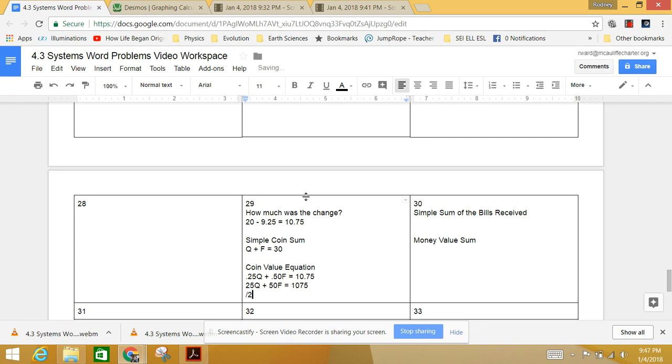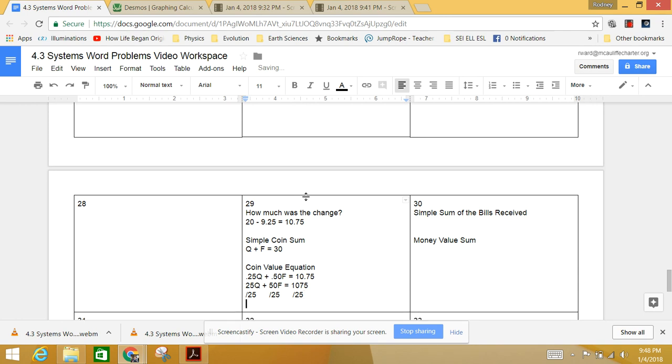I'm doing that because I notice that they're all fairly obviously multiples of 25. So 25Q just becomes Q, and 50F becomes 2F.